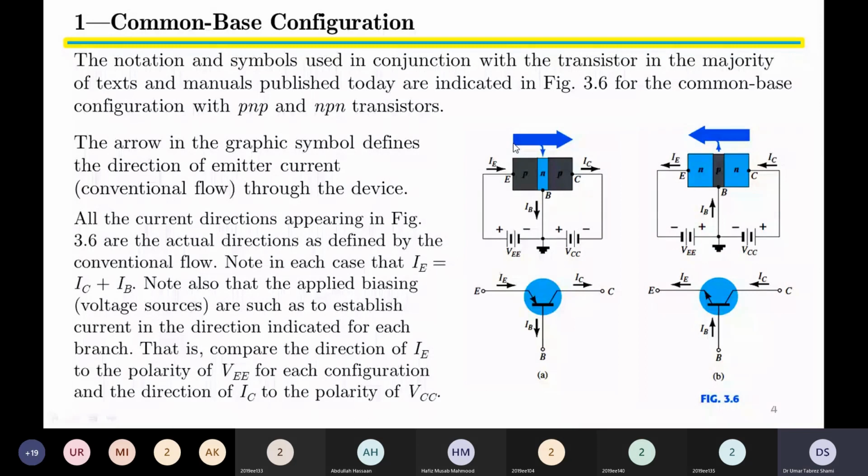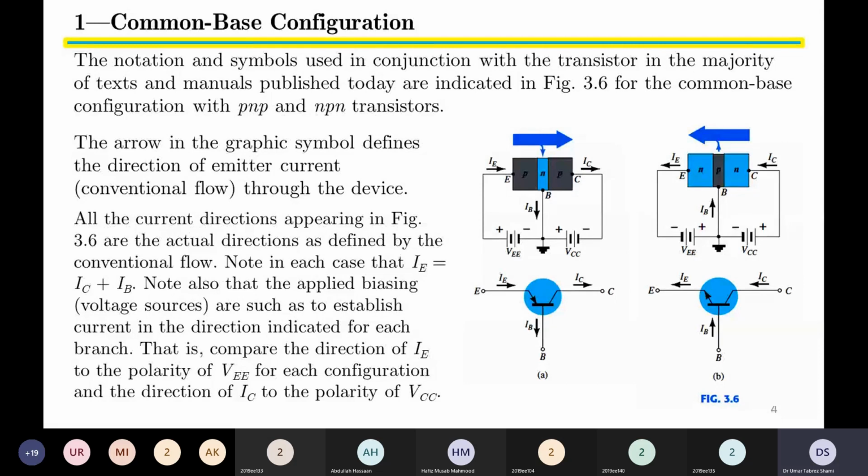shows the conventional current. Now we must not forget that there are two currents, one current flowing into the collector and one current flowing into the base. So we can see that the arrow is divided into two parts. We have a major portion of the arrow which flows into the collector. It shows our collector current, which is always large. We must not forget the formula: collector current is equal to beta times IB.